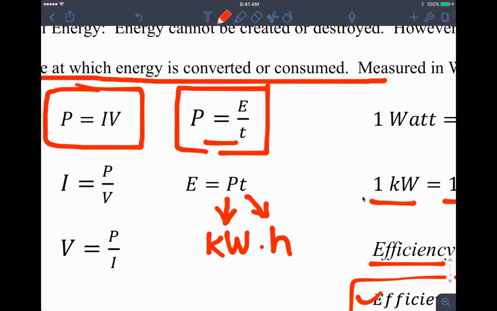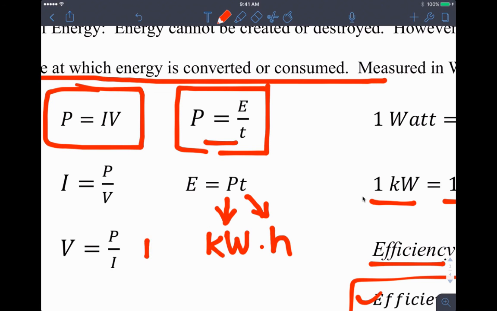And you can see here, normally the power would be in watts and the time would be in seconds. So if you multiply a watt times a second, that gives you a joule. In this case, though, the power is in kilowatts and the time is hours.